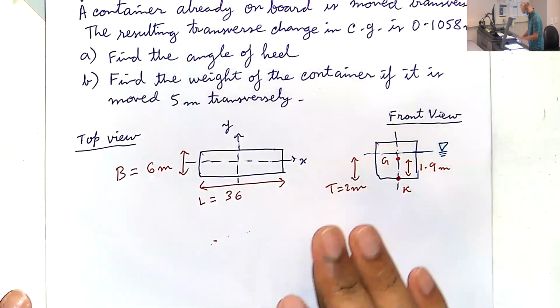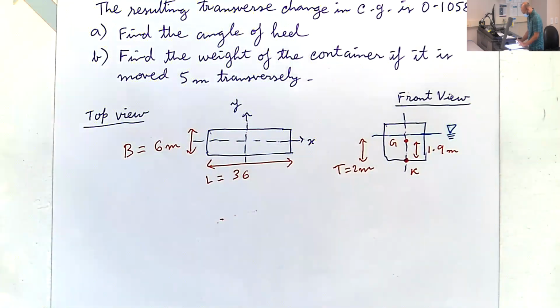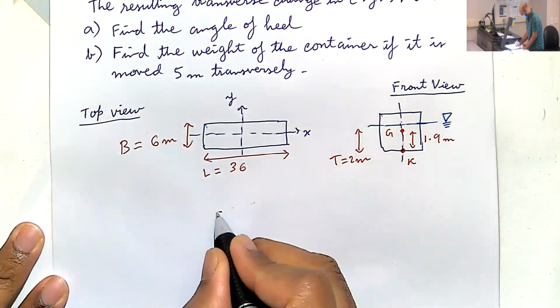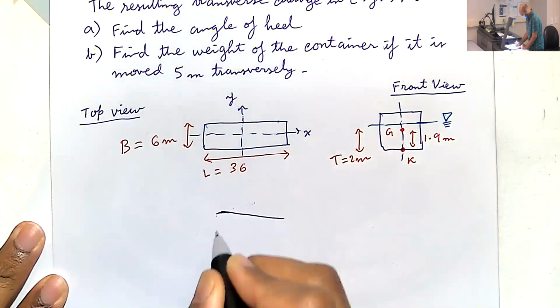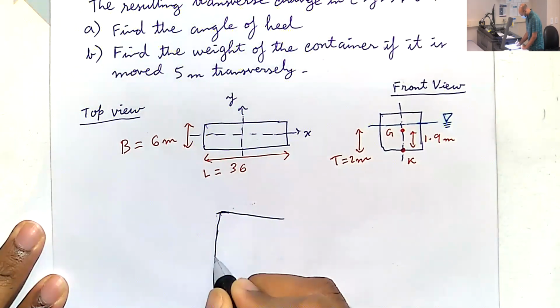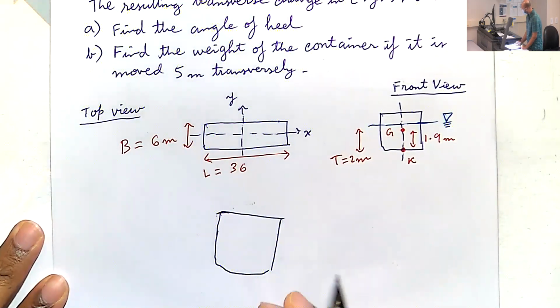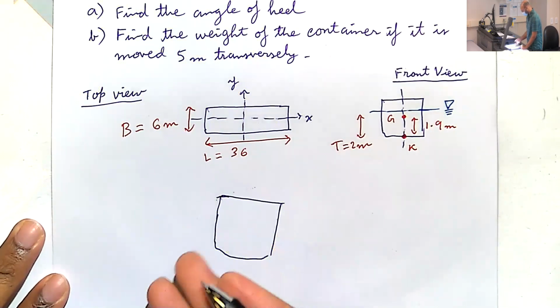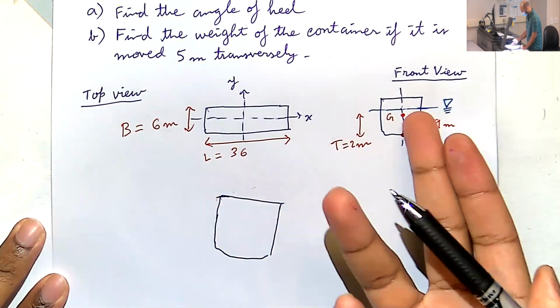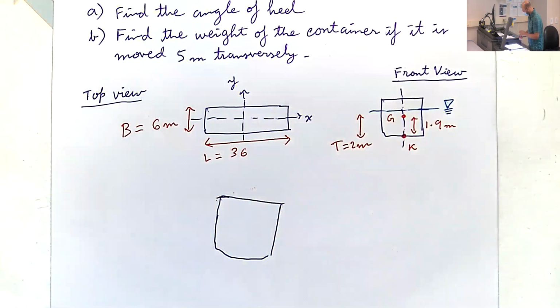Okay, let's draw what happens with this movement. I should have drawn a perfect rectangle since it's a rectangular pontoon.